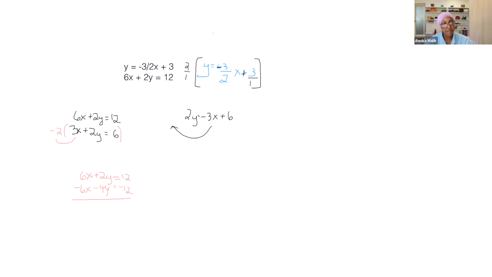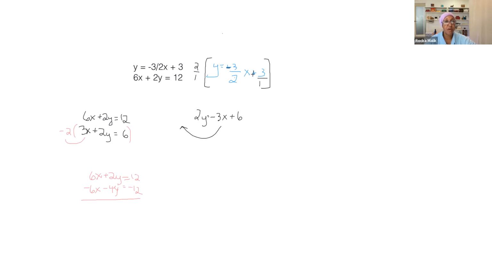So I have, this is gone. I have minus 2y equals 0. And so when I divide by -2, I have y equals 0.